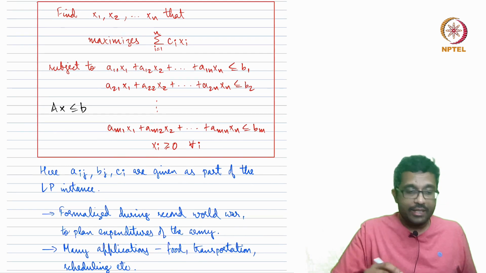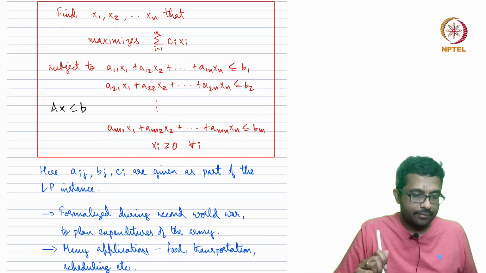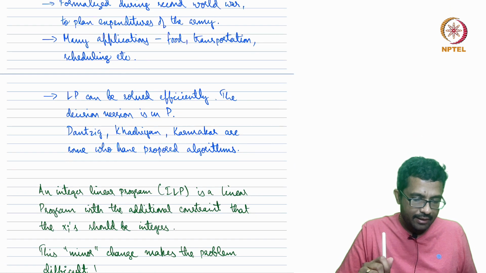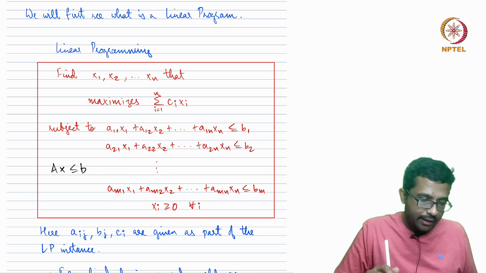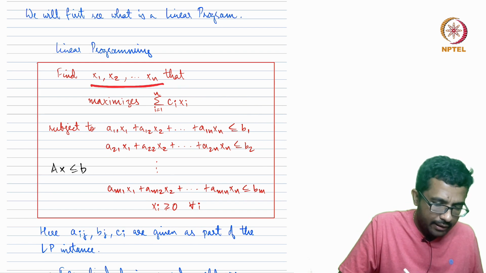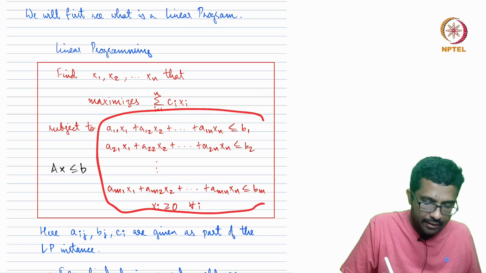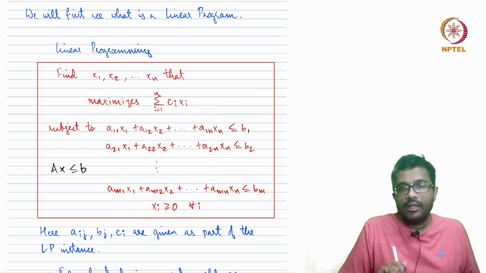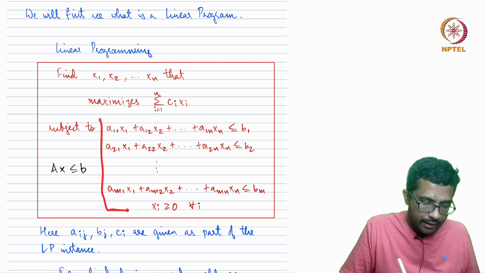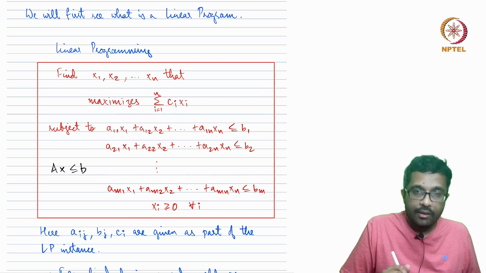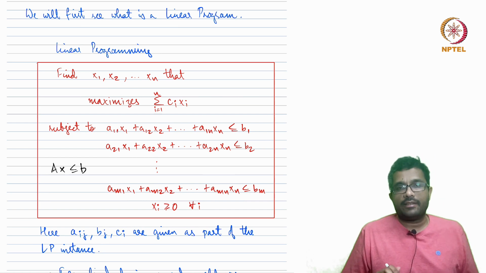However, if we make a very small change to the setup, this problem becomes hard, right? So what is the change? Here I don't have any constraint on xi except the constraints defined by these inequalities. Now in addition to these inequalities, I impose a new constraint: all the xi have to be integers, right?